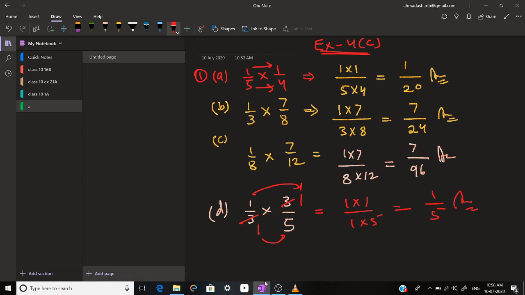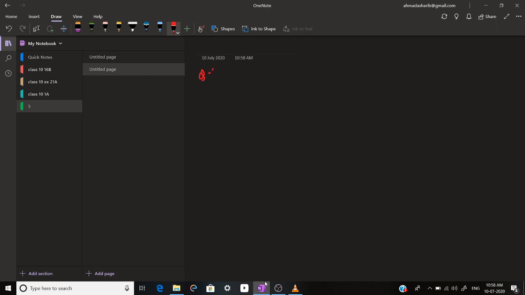Now next question, let us do question 2 and part A. 7 upon 4 multiply by 12 upon 21. Now, as you can see here, that we can reduce the number in cross. Look at this, 7 ones are 7, 7 threes are 21, and 4 ones are 4, 4 threes are 12.